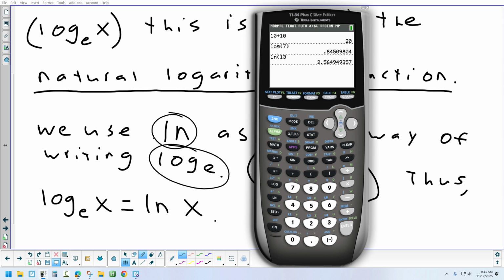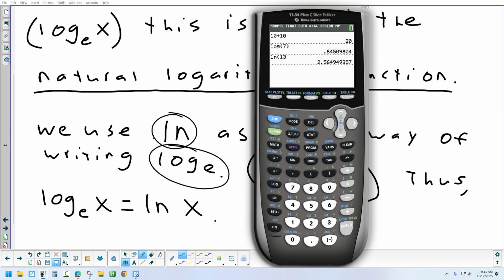So when we type in log, we're getting these numbers that are decimals, but what are they? Does anybody know what those numbers mean? They represent something. Like that 0.845.